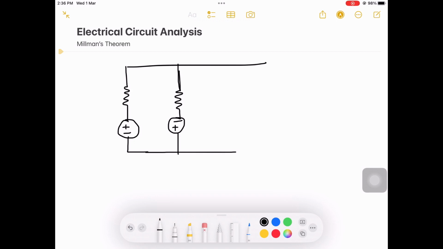Then I have one current source, and a resistance parallel to it.